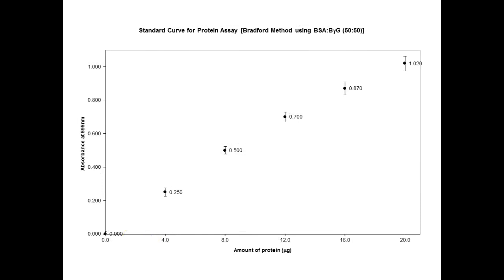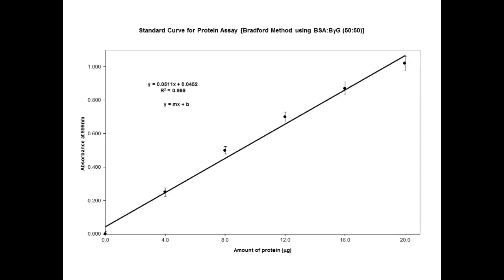But if you could do a standard, you would have a standard set of controls at different concentrations. You could plot this out, and then based on where your unknown falls, you could figure out the concentration of your unknown. A lot of scientists do this for protein concentrations, for antibody concentrations, for antigen concentrations, when we run some of the different tests.